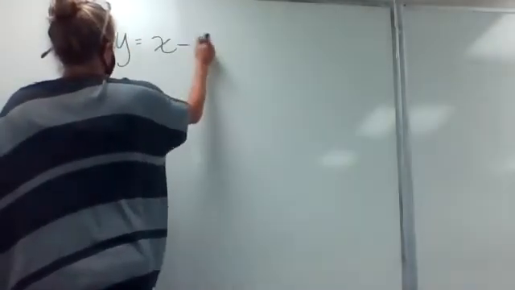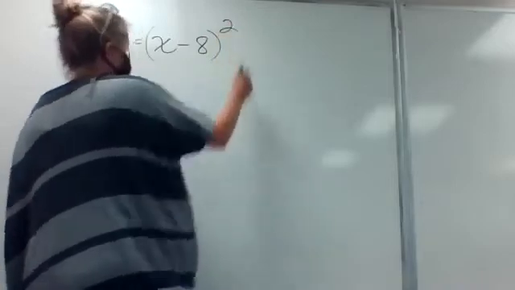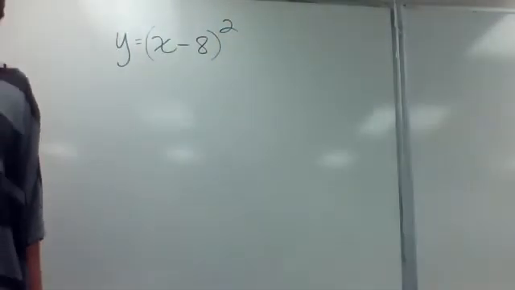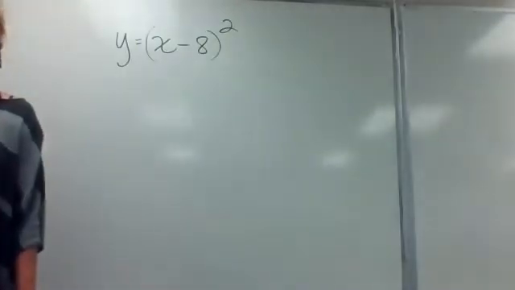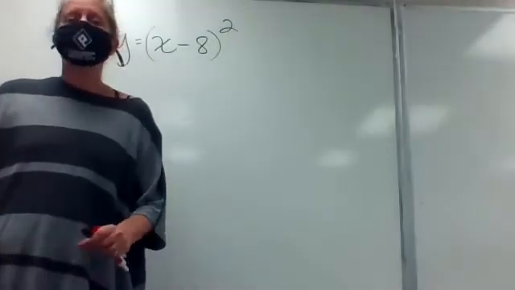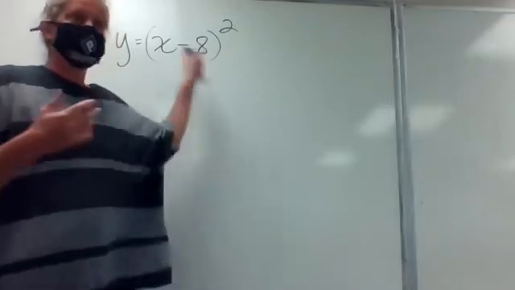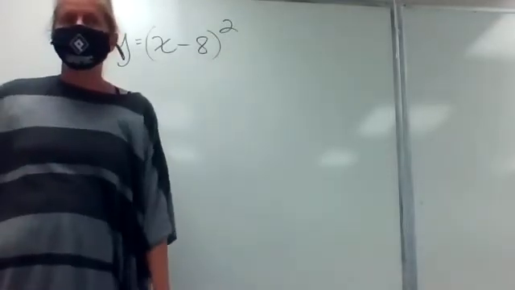Number one, you have y equals x minus 8 in parentheses squared. The first part of this problem is going to be a multiple choice. It's going to say, what's the shape of the graph that you're going to start with? If you're not sure, put this in your y equals and see its shape.